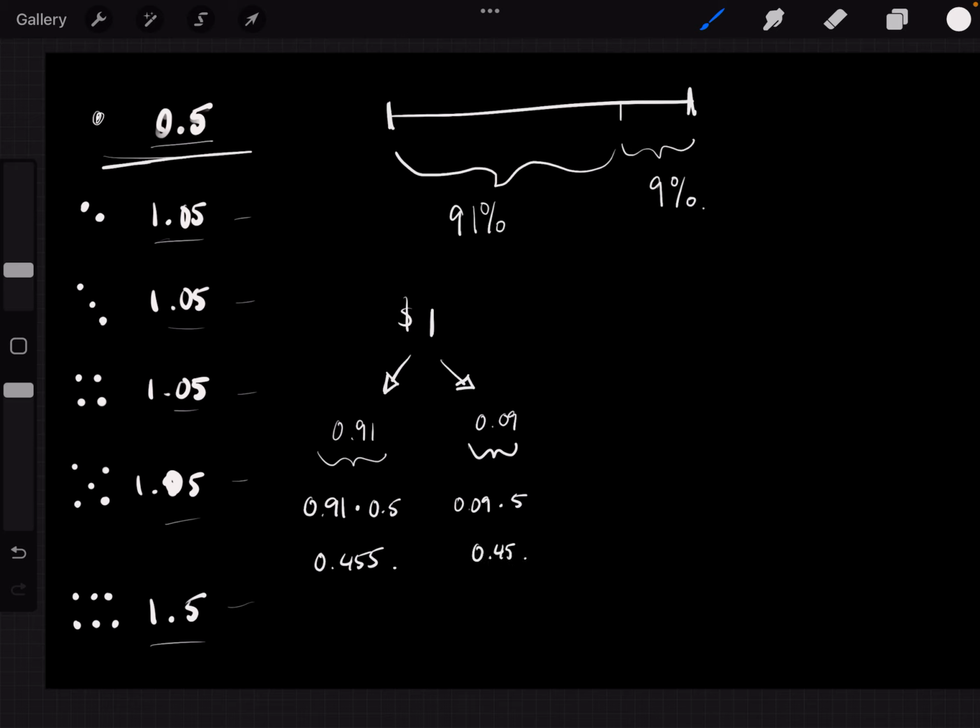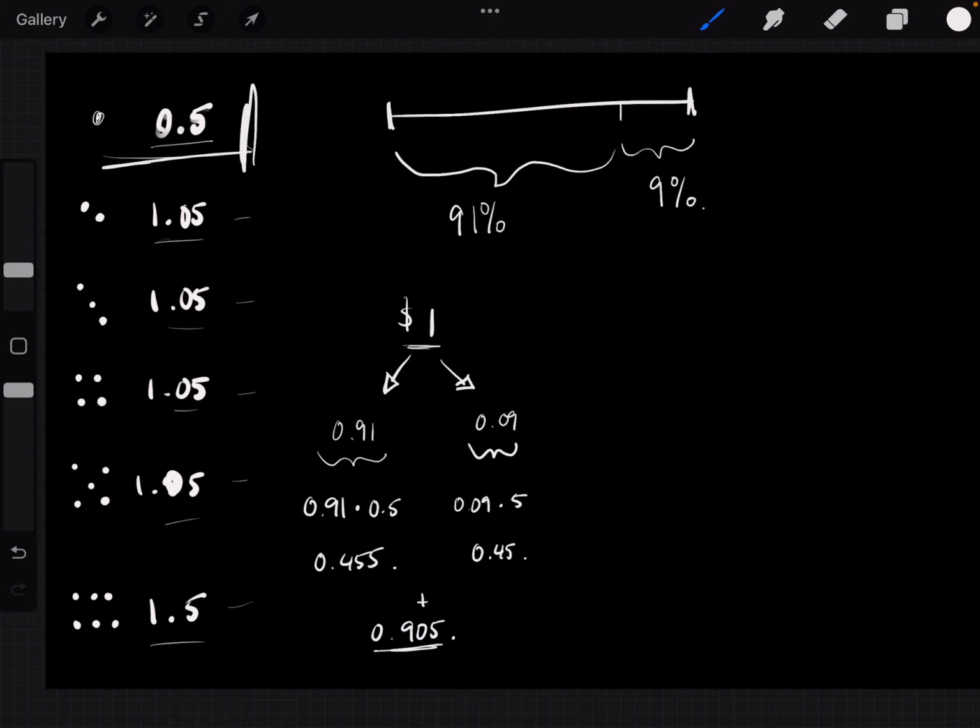That's what happens to your insurance side bet when you roll a 1. You add those two together and you get 0.905, and that would be your ending wealth when you roll a 1 and you start out with an original wealth of $1. You end up with $0.905.